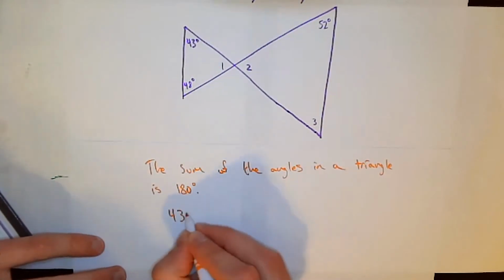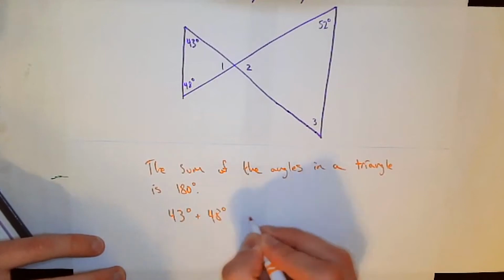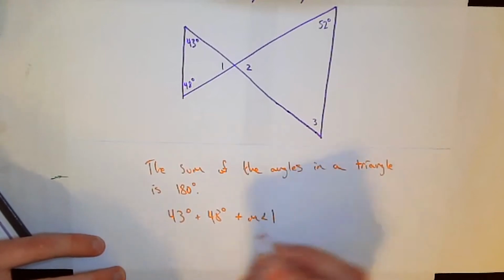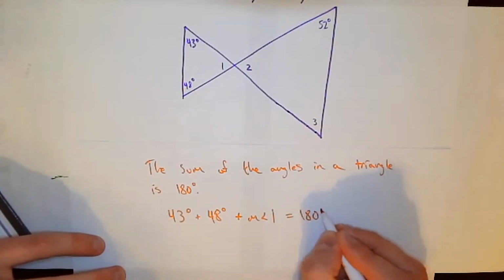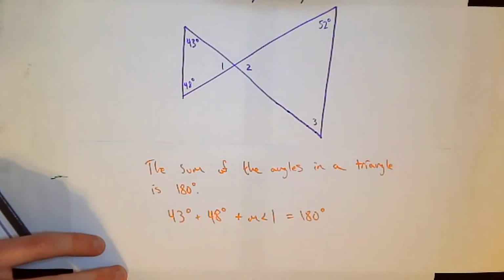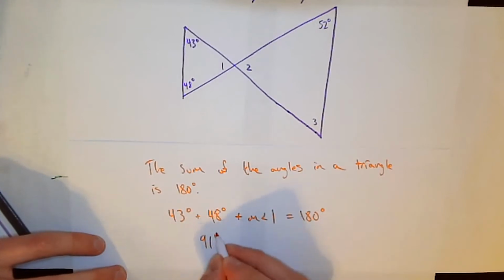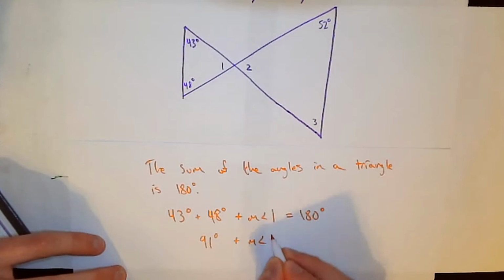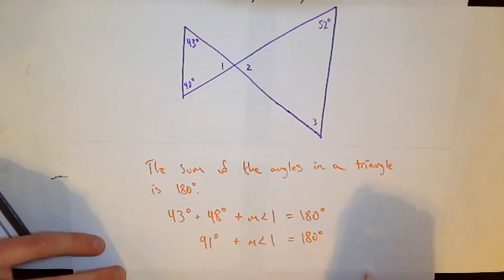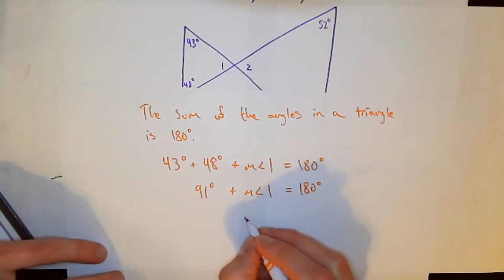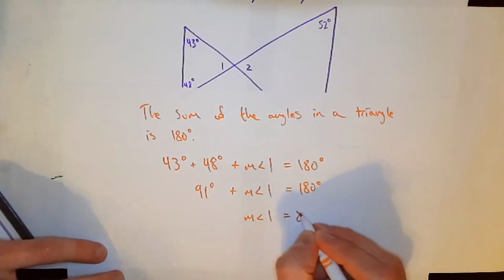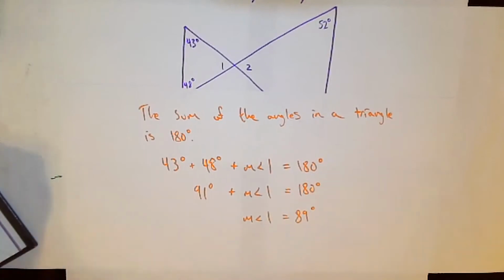I should have 43 degrees plus 48 degrees plus measure of angle 1. Those three angles in this triangle should be 180 degrees. I'm going to combine these and then subtract them over. So that's 91 plus measure of angle 1 is 180 degrees, and then measure of angle 1 should equal 89 degrees.